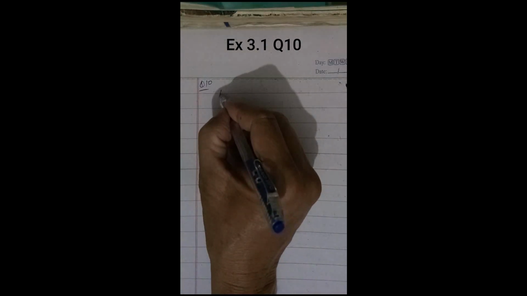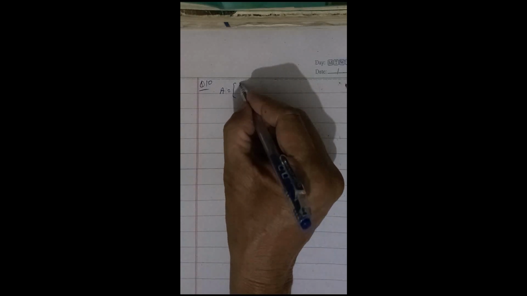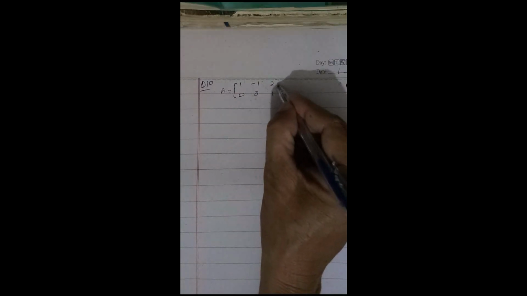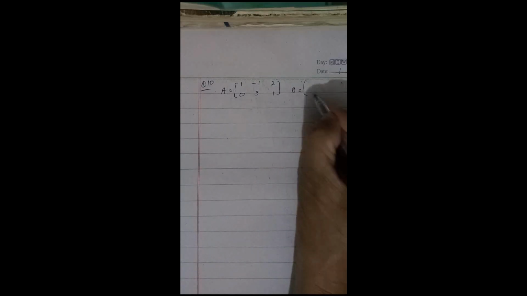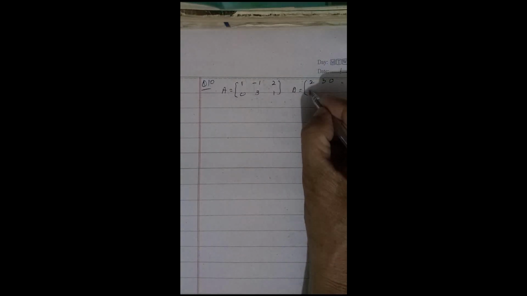Question number 10. We have the matrix A whose elements are 1, minus 1, 2, 0, 3 and 1. And the matrix B is equal to 2, 3, 0 and 1, 2, minus 1.